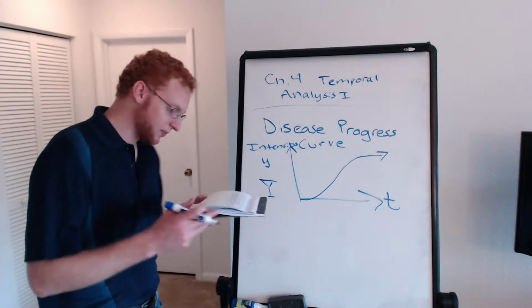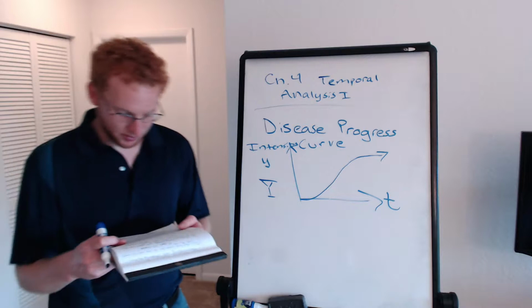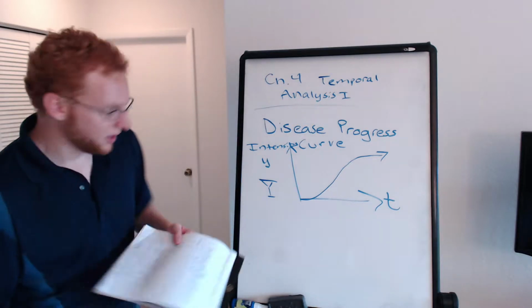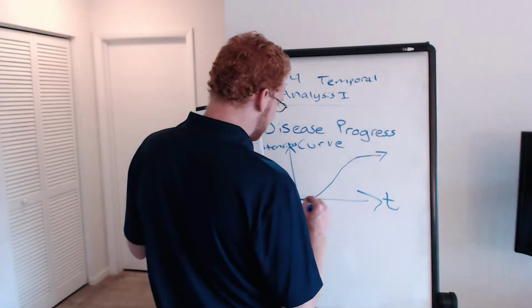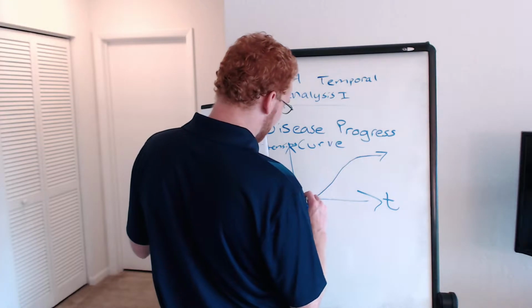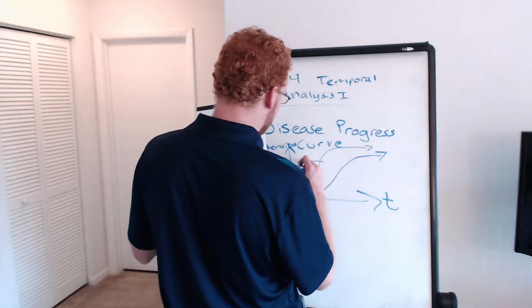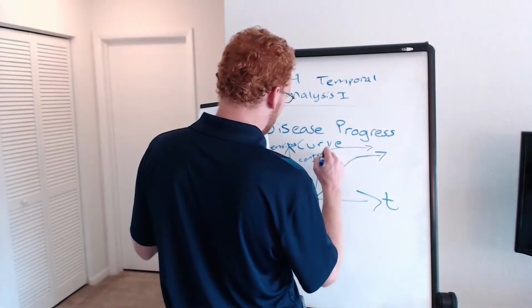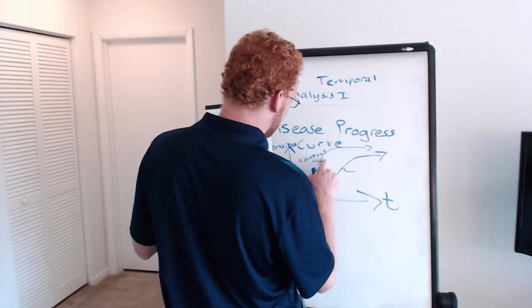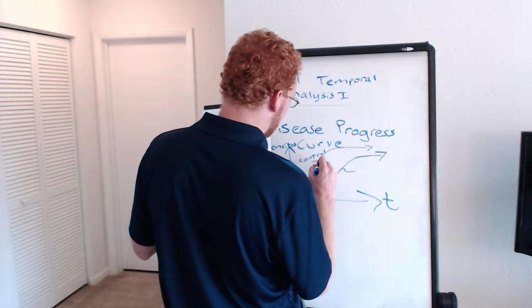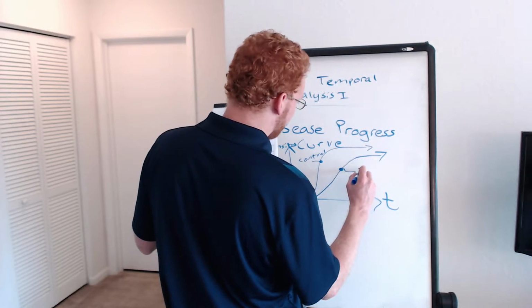The goals. So we can do this to determine if two epidemics differ. A common one is you give something a treatment, and so this is the curve for the control, and then this would be the curve for the treatment.